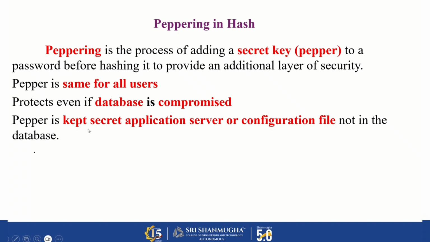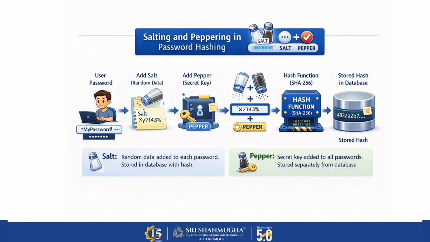The pepper is kept secret in the application server or your configuration file, rather than being stored in your database. So if the hacker tries to access your database, he cannot see the secret key. So these secret keys are stored in your application server or configuration file.